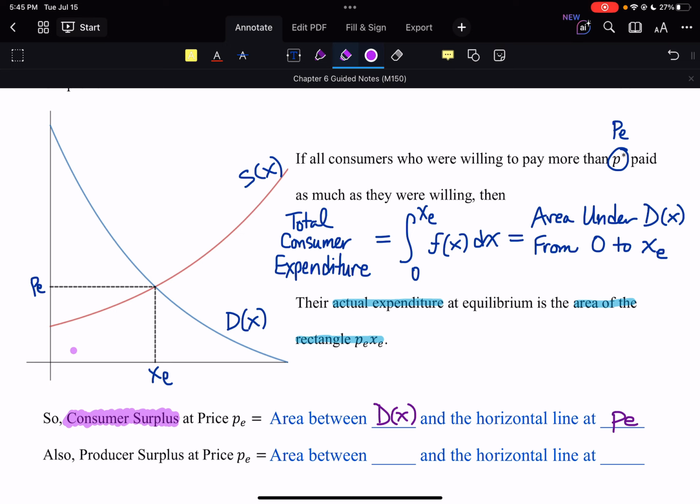So again, this is what they're actually spending down here. What they would be willing to spend is up here. And this is considered consumer surplus because they don't have to spend this. Because they're being charged the equilibrium price, they are saving all this money collectively that they now don't have to spend. So that's our consumer surplus, that area right there.